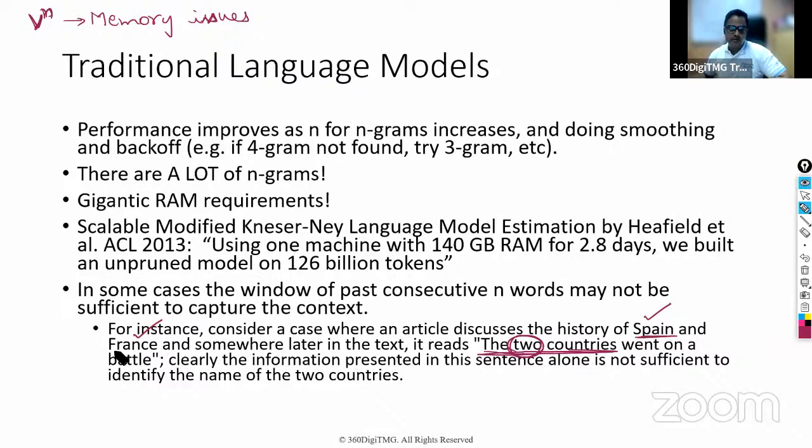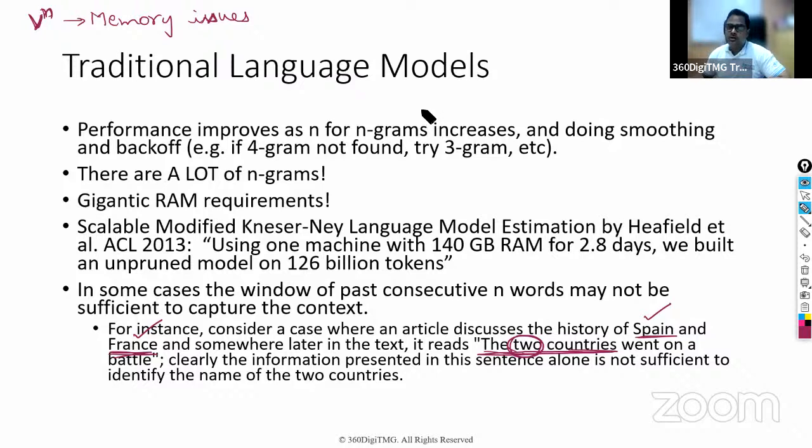So you have Spain and France, which refer to the two countries. But until and unless the information in the first paragraph is captured, in the subsequent paragraphs, the moment the two countries is seen, you will not be able to correlate that the two countries are Spain and France.